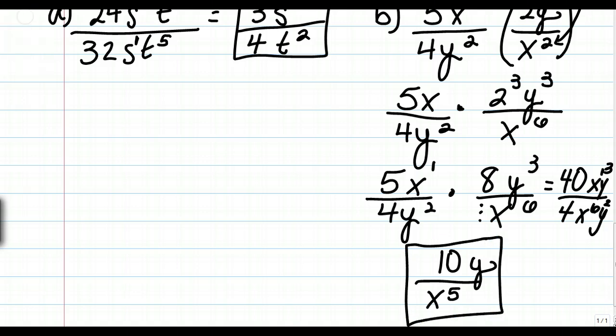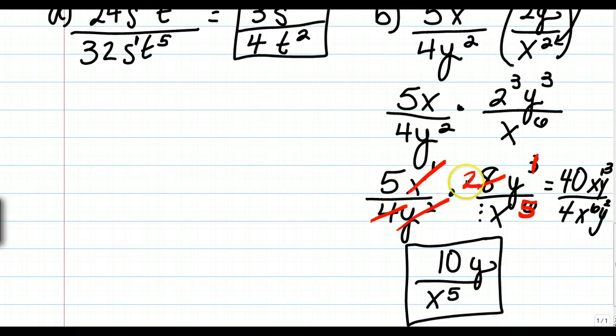If you want to try cross-canceling, you would say, okay, 4 goes into 8 2 times, and 3 minus 2 is just 1. Here you do 6 minus 1 is 5, and then you would multiply across.